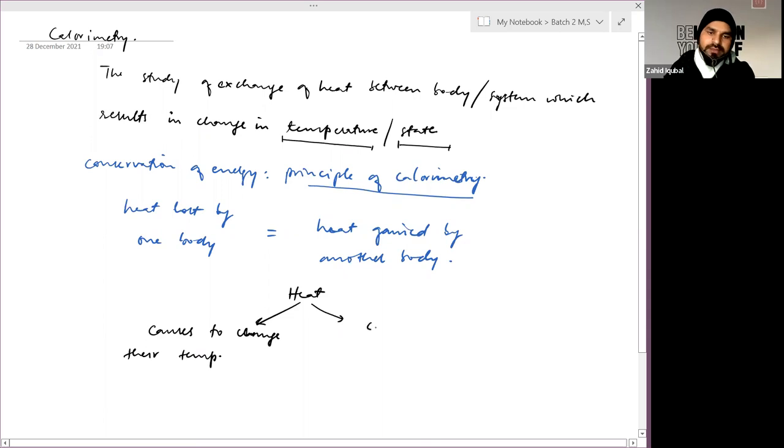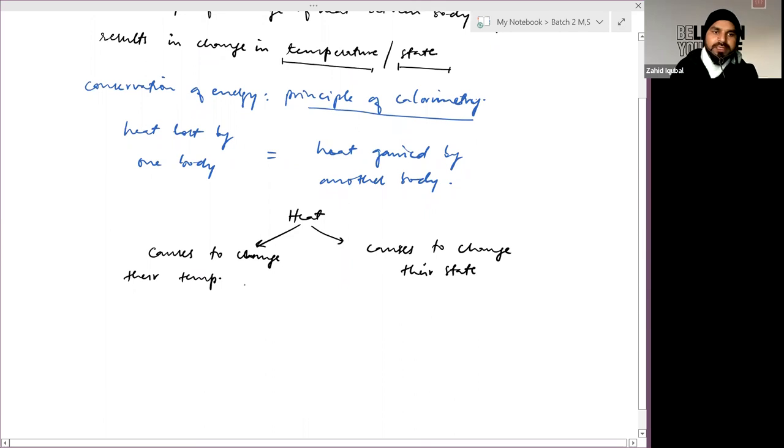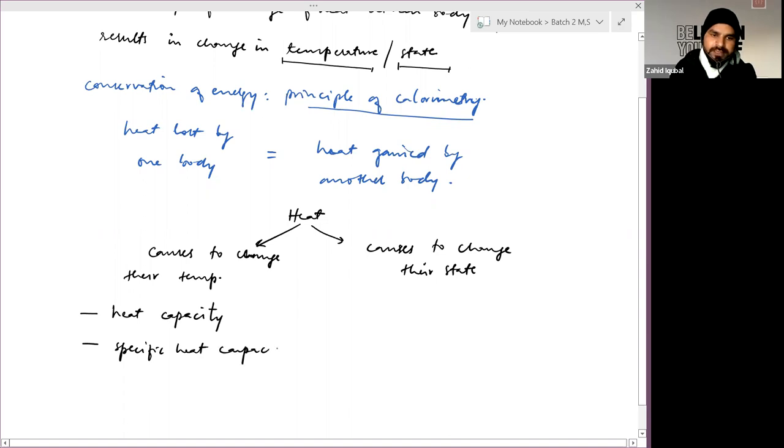And second, heat which causes a change in state. For the first part, we may define three different terms. First is heat capacity. Second is specific heat capacity. And third is molar specific heat capacity.